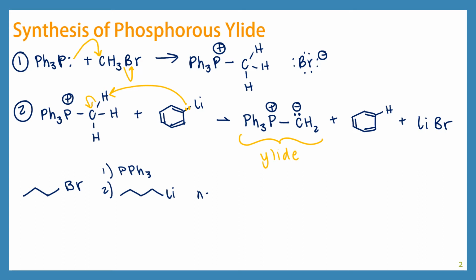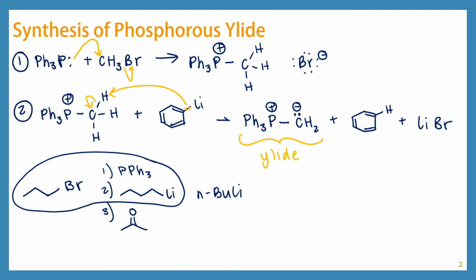Sometimes you see it written out as n-BuLi, essentially. And then from there, you might see the aldehyde or ketone added. So you are meant to take these three things and interpret that you are forming an ylide. So understanding how the ylide is formed is really important so that you can draw out the correct structure.